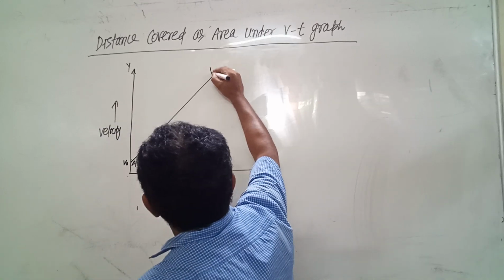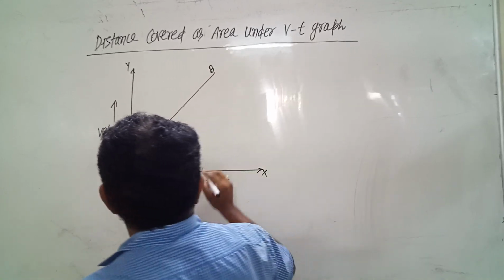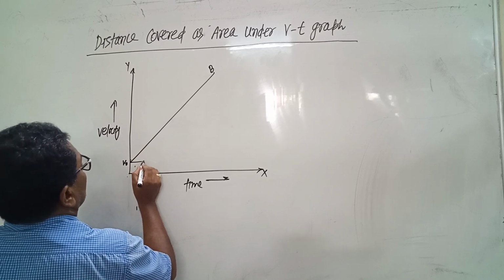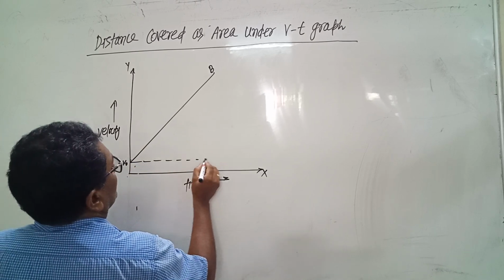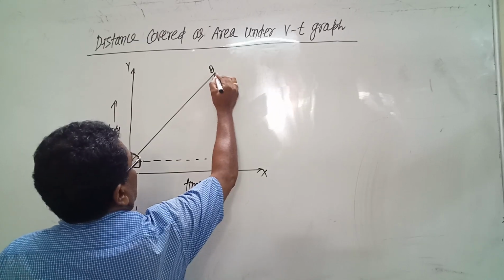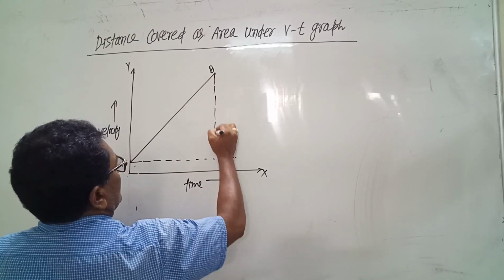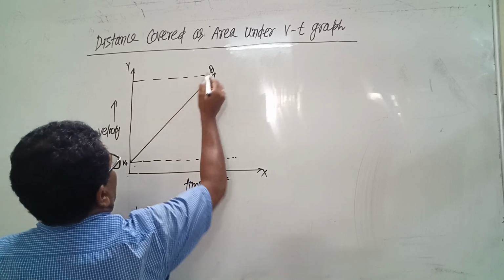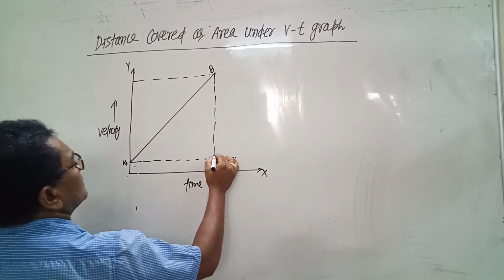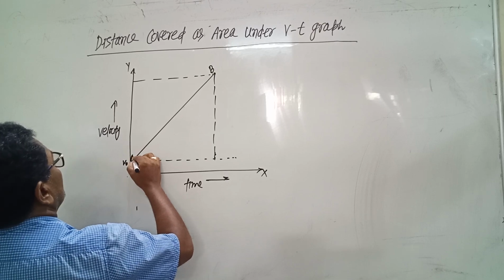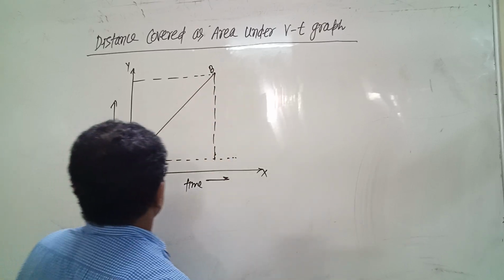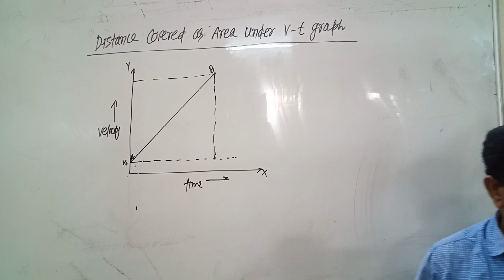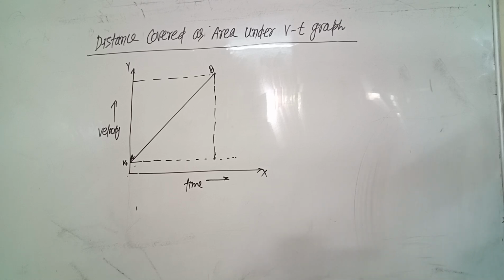This is A and this is B. AB is the graph for uniformly accelerated motion.